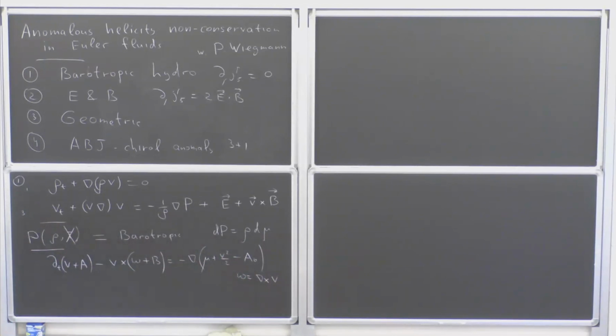So if there is a rotational part of the flow, that brings non-zero omega here. Okay, and now let me take a curl of this equation, and I obtain the following equation: dt omega plus b. And then let me write first in original form.